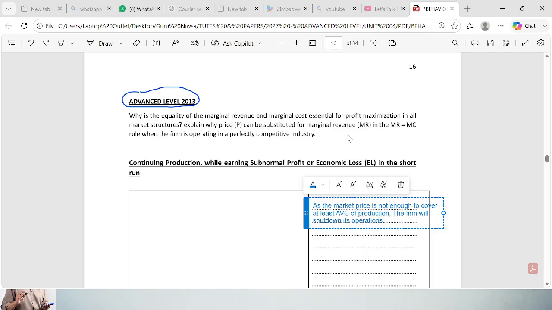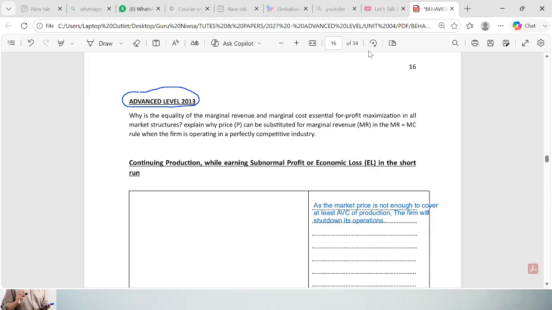Next point, write down. Another way of saying the same point: the loss of continuing production is greater than the loss from shutting down.